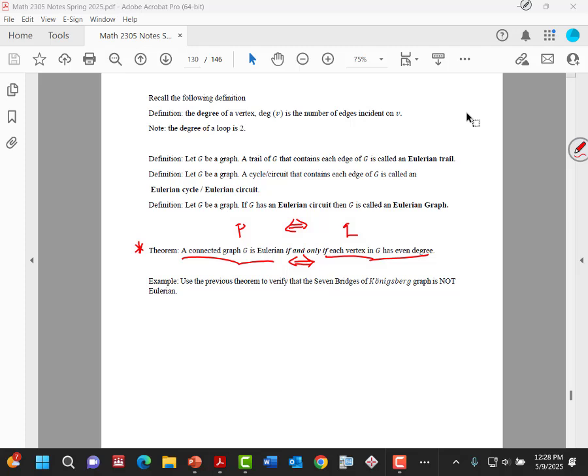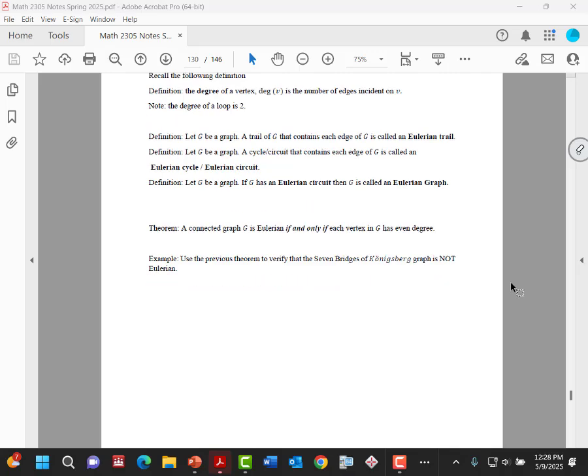A connected graph is Eulerian if and only if each vertex in G has even degree. And the converse is also true. If each vertex in G has even degree, then the graph is Eulerian. That's what this biconditional if and only if means. So we're going to use this theorem to check whether graphs are Eulerian or not.